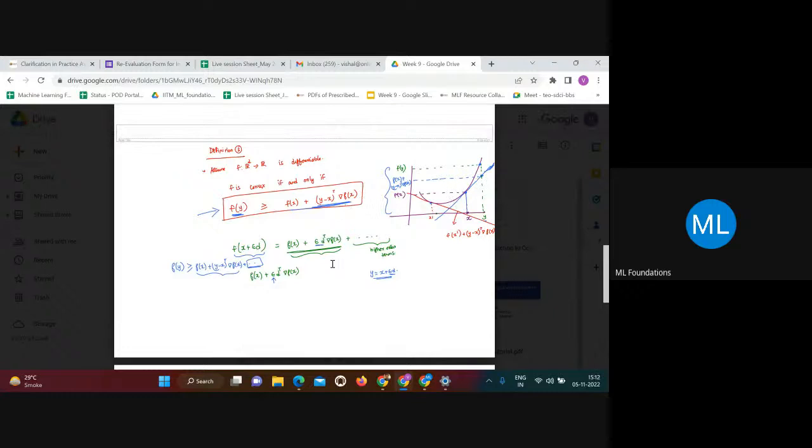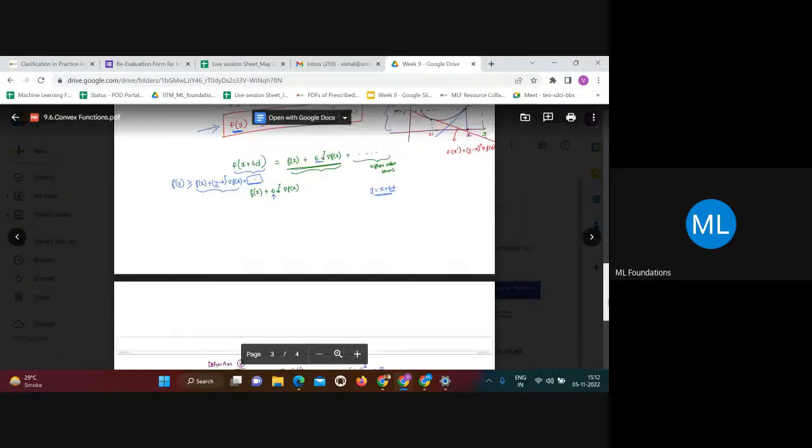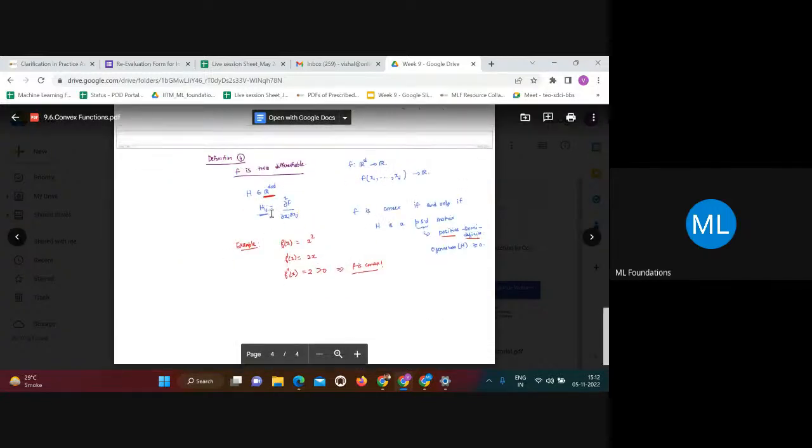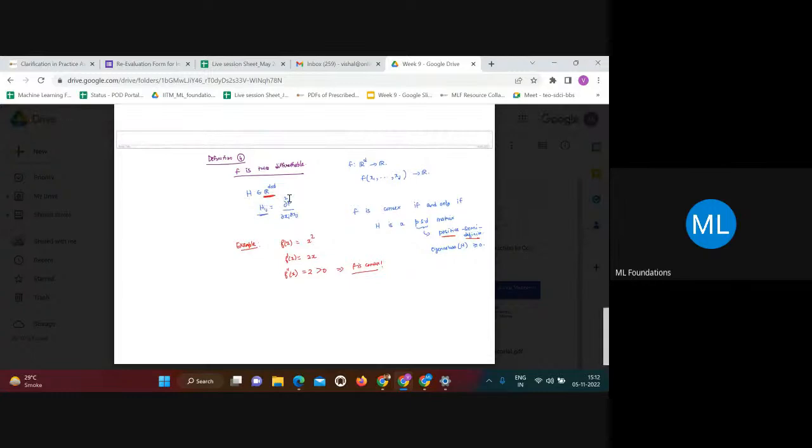If you work it out, you'll get this definition also. And the last definition is the same: if f is convex, then if and only if the Hessian H is positive semi-definite or positive definite, then this is a convex function itself. So this is the Hessian matrix. Everybody knows how to calculate that, right?